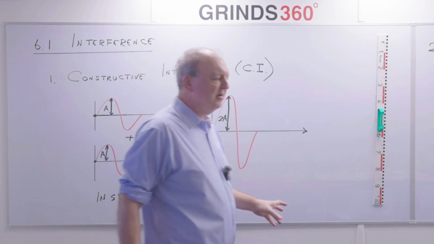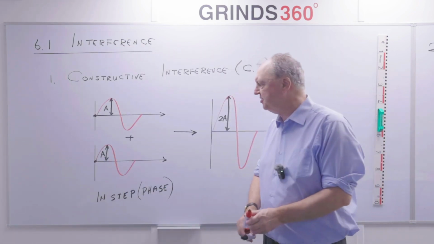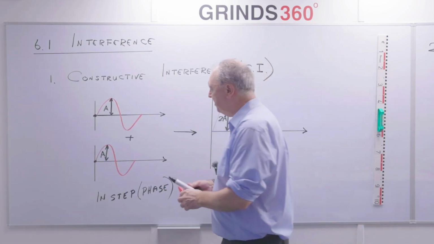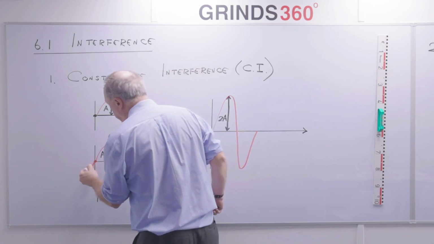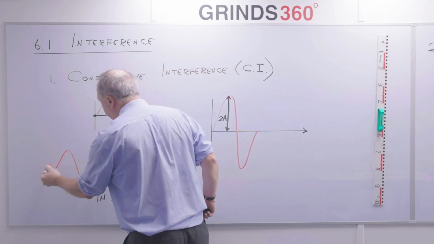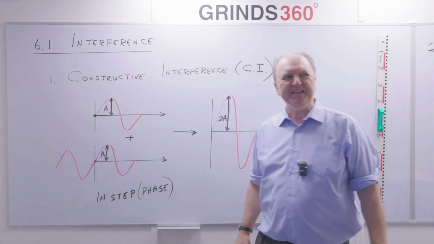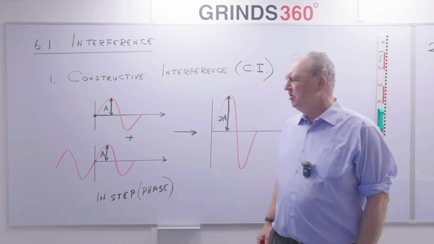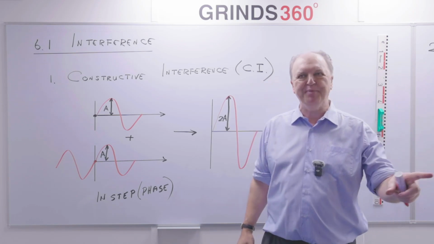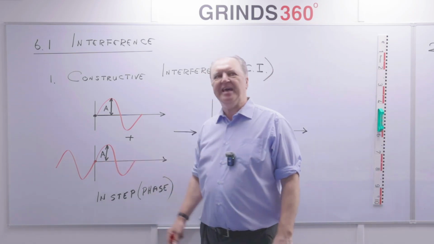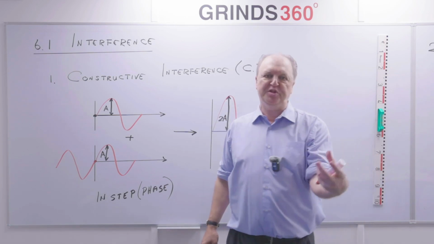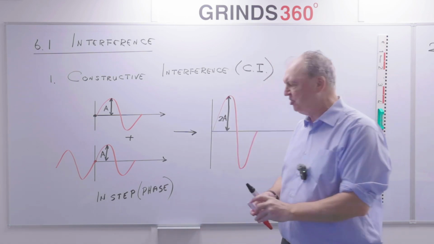But actually, what would happen if they started, see this wave here, this wave started a full wavelength behind? Well, that's the same situation, isn't it? So if it was one wavelength out of step, you would still get CI, wouldn't you? Because crest would still meet crest and trough would still meet trough.